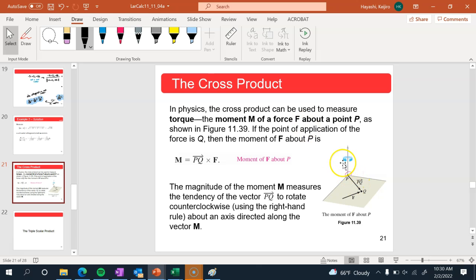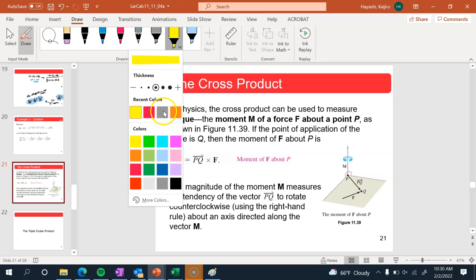So let's say there's an object in space, and a force is being applied to it in order to make it rotate, not move in space, but just rotate.